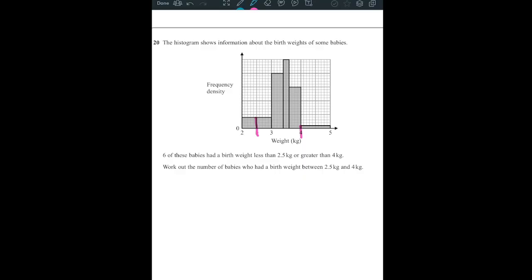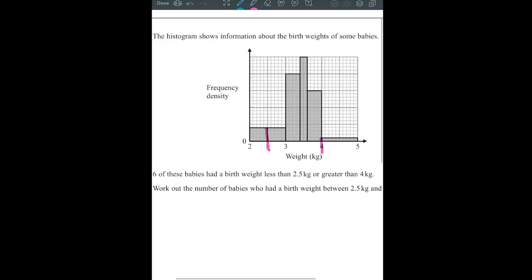Okay, this question lends itself quite nicely to a box counting method. We do not know the scale over here, and the information we've been given is quite obscure shapes. They're 2 separate rectangles. So I can't even find this scale point here very easily because they're 2 different heights. So I'm going to do a box counting. So from 2 to 2.5, that's got a base of 5 and a height of 4.